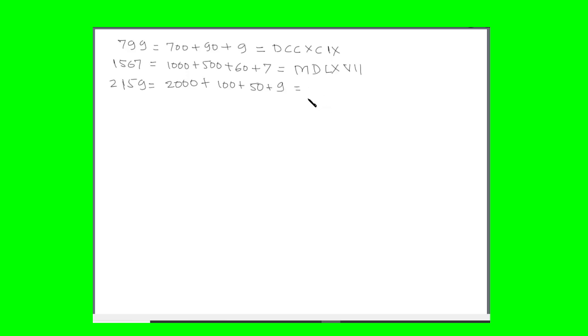Now 2000. 2000 we write II, which is for 2, and we put a bar on it. So it is 2 multiplied by 1000, it becomes 2000.